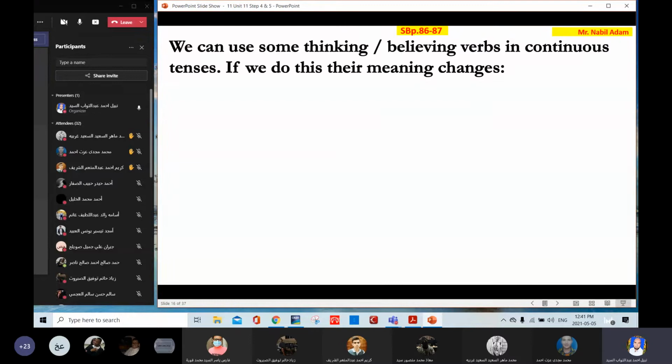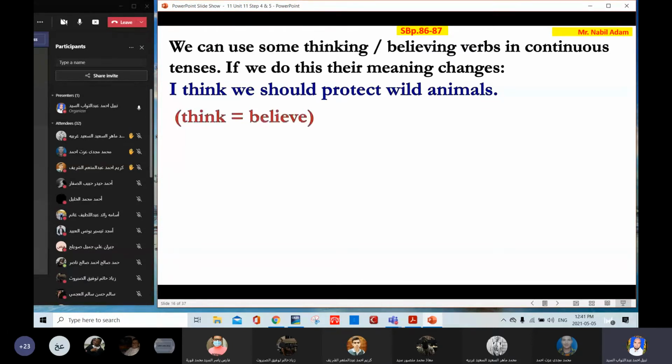I think we should protect wild animals. I think means I believe we should protect wild animals. We use it in the simple tense because it's a stative verb.